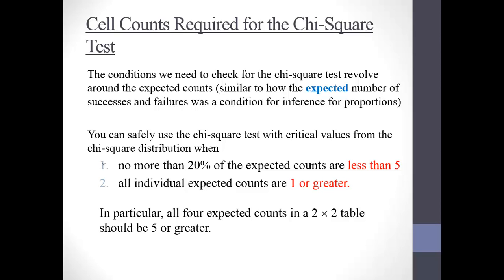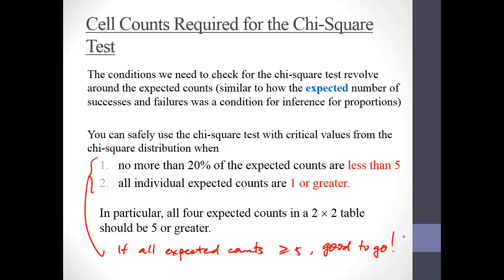So this is the formal condition, but if all expected counts are bigger than or equal to 5, we're good to go. Condition number 1 allows us to have some of those expected counts less than 5, but if you're looking at the expected counts and they're all bigger than 5, then you're all set.